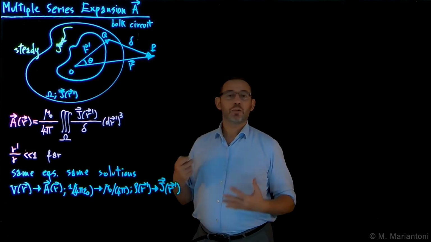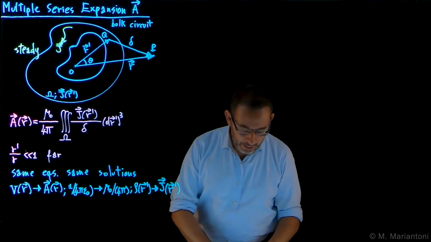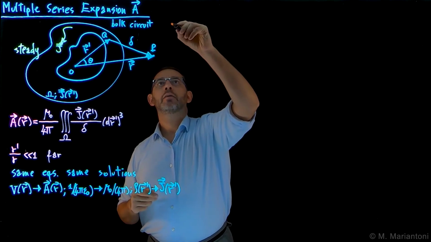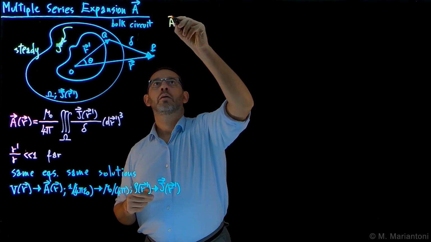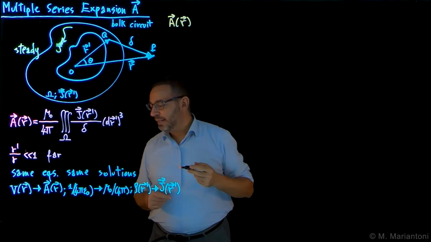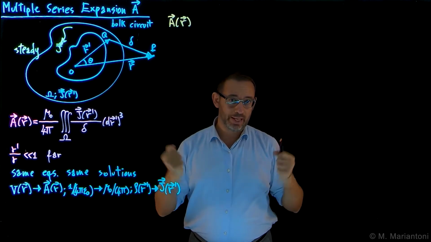All right, so now that we know this mapping, same equations have same solutions, we can rewrite our vector potential A at the observation point capital R. Let's truncate the series to the first two terms, which are the monopole and dipole.